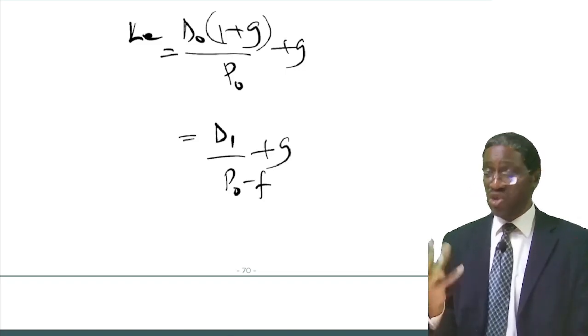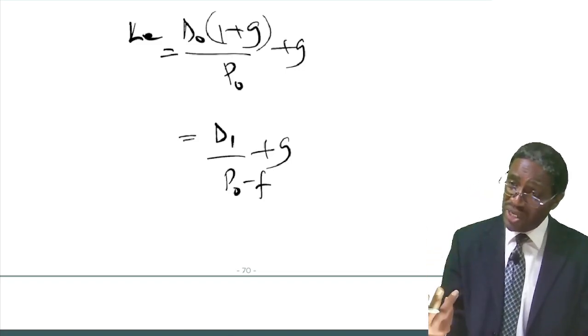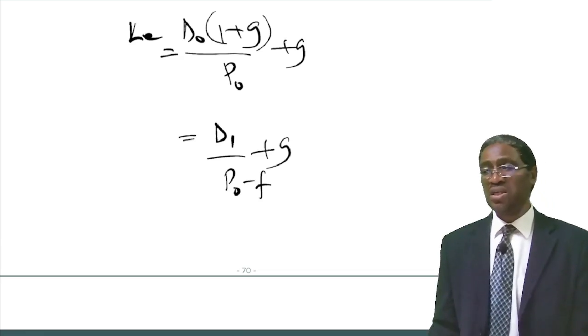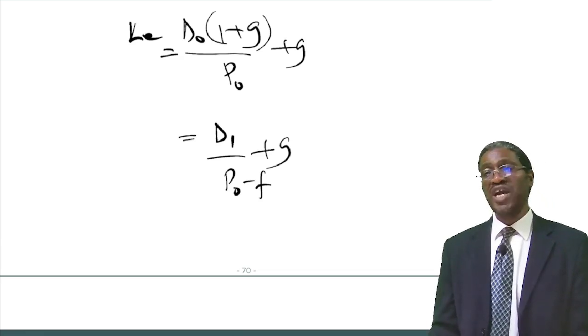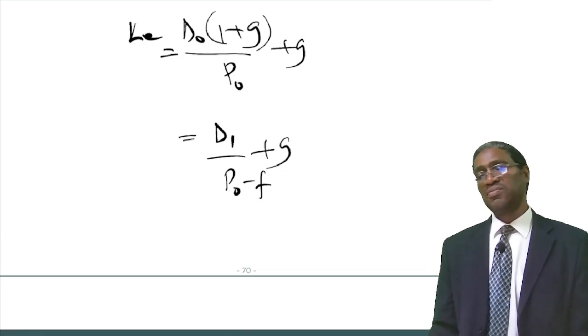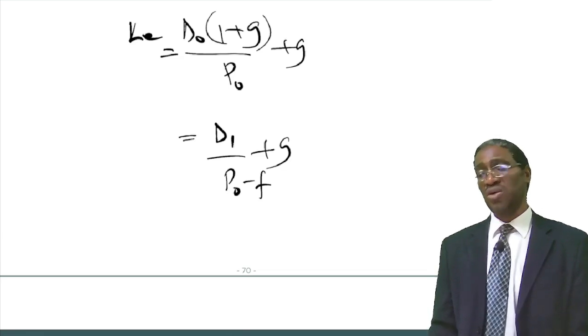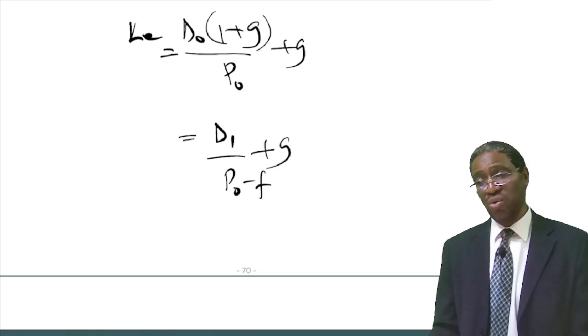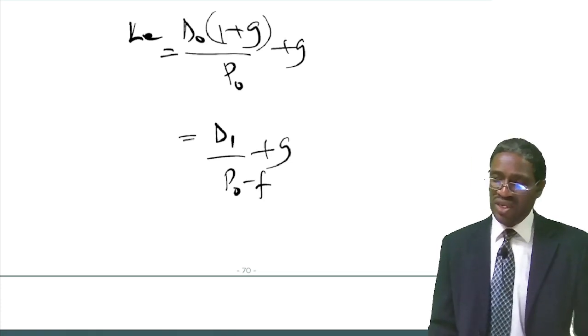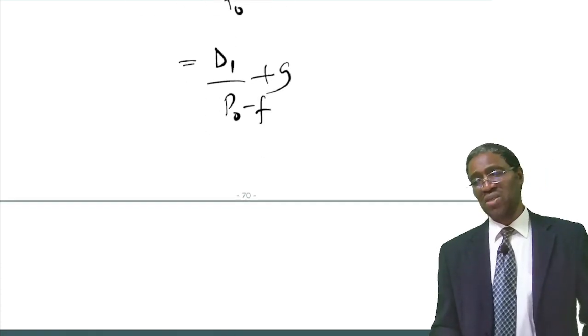We have said there are two formulas. One is the compounding method. We have already said G equals the n-th root of Dn divided by D0, minus 1. Okay? That is the formula for getting the growth rate.